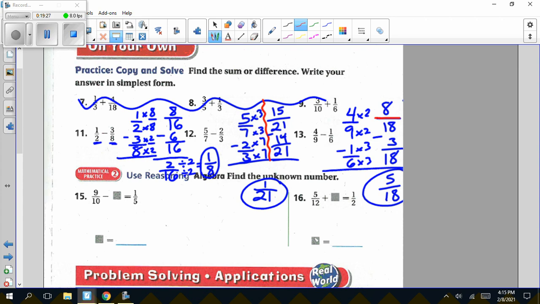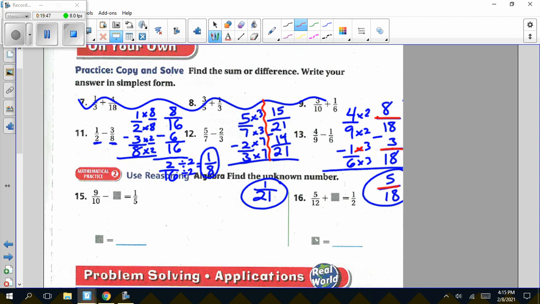Then I took 6 times 3 to get 18, so I do 1 times 3 to get 3. We have 3/18. Then I subtract the two. 8 minus 3 gives us 5, and the denominator stays the same at 18.